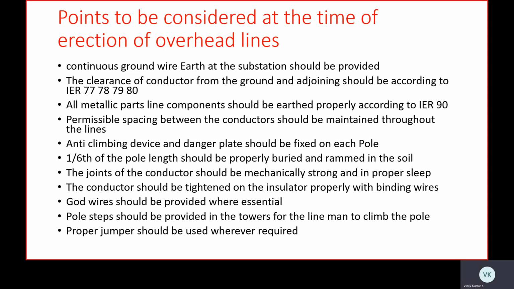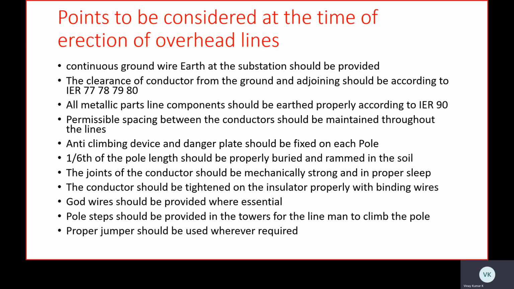And next, we have to keep the span length and sag such that the lowest conductor, that is nearest to the ground, keeps a proper distance from the ground, following the IE rules 77, 78, 79, 80. These are mainly for the protection of persons or of the neighboring surroundings from the conductors. That is, the clearance of conductors from the ground and the adjoining should be according to Indian Electricity Rules 77, 78, 79 and 80.